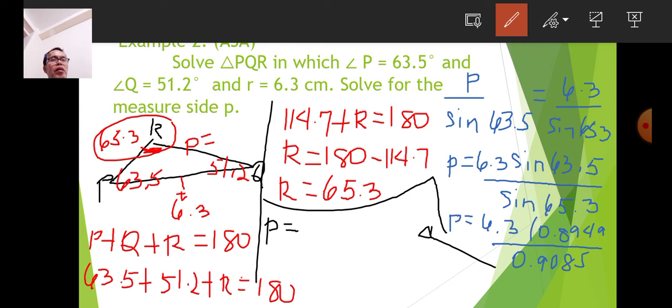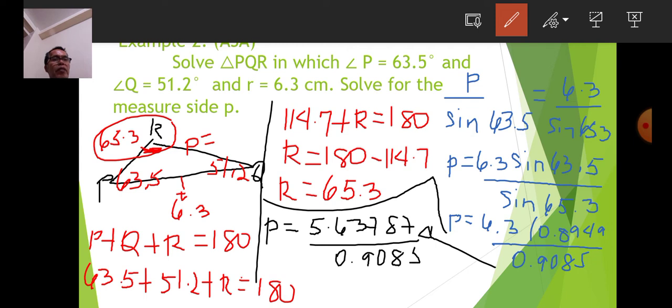You will have 5.63787 over 0.9085. And P now is equal, dividing 5.63787 by 0.9085, you will have 6.2. And P now is equal to 6.2.